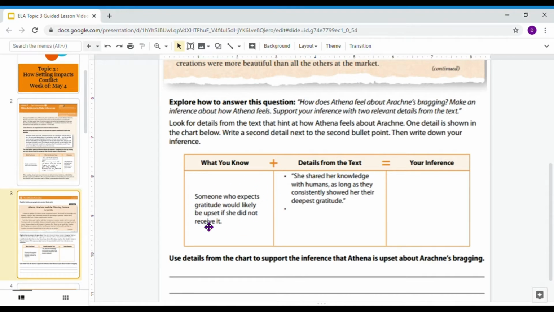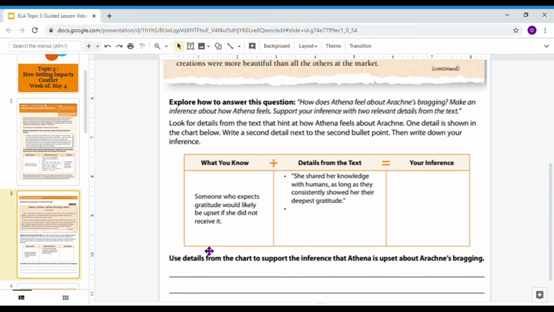So what we already know is that someone who expects gratitude, so someone who expects to be thanked for helping, would probably be upset if she didn't get it. So they're saying that people deserve the credit for when they help you. So some details from the text, that's what we already know. So somebody who's expecting you to be thankful and then you turn around and you're not thankful, you could see that they might get upset.